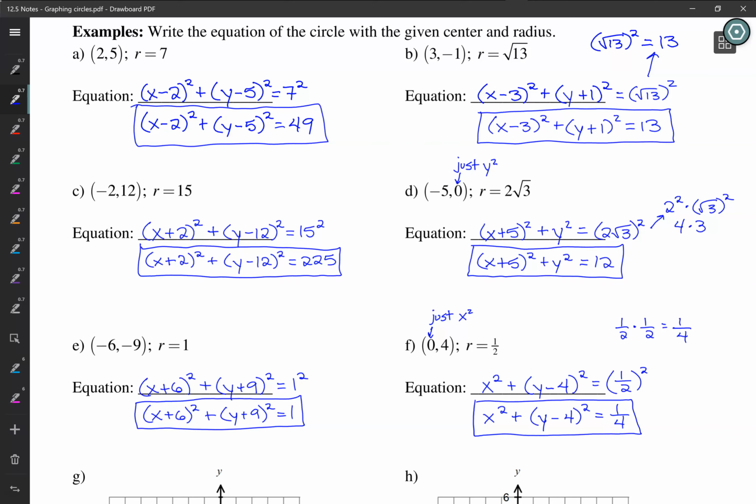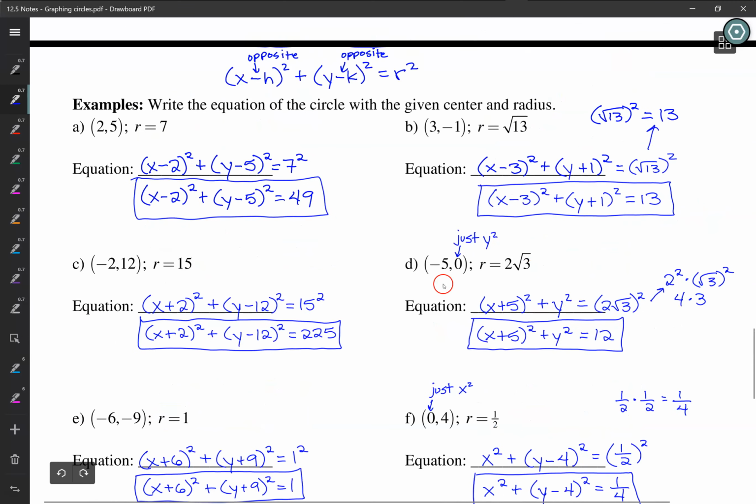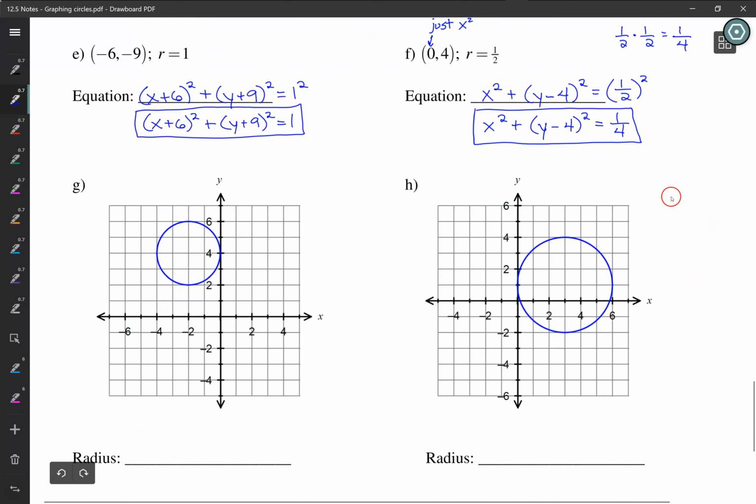These last few problems are exactly the same as the ones we've been doing, except you have to look at the graph and figure out what the center and the radius are from the graph. And sometimes that's really easy, sometimes it can be a little hard depending on how big the circle is.